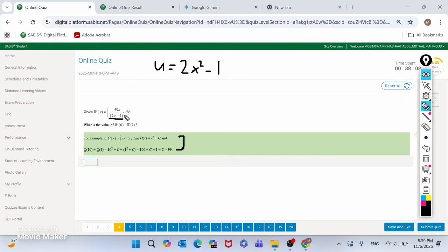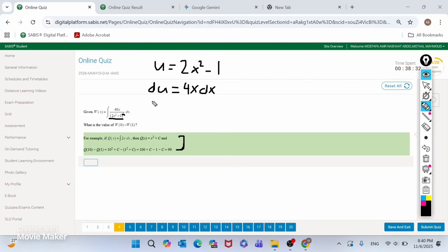Forget that it's squared here for now. Now du, you just derive u, so du equals 4x dx. Why dx? Just like that, that's the rule. I'm going to add it.